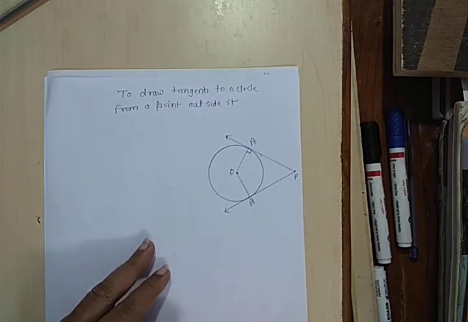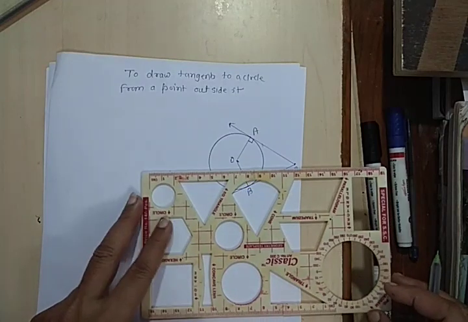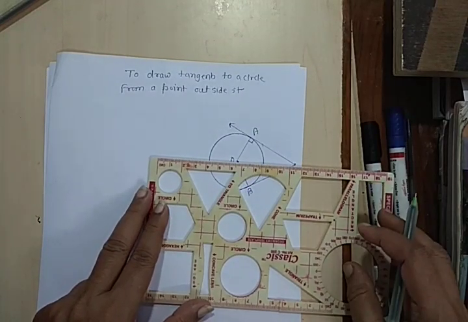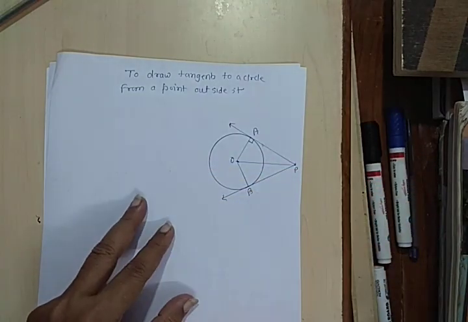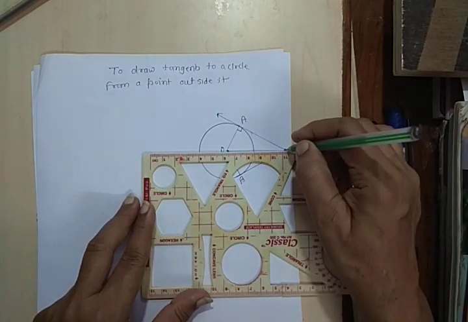Now in the right angle triangle, if I join this OP, it has not been correctly joined.